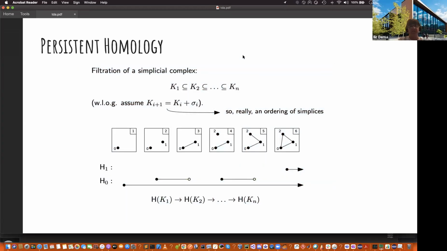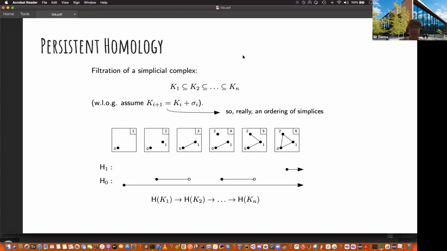Now, what is a filtration of a simplicial complex? Well, we call a filtration a chain of simplicial complexes where every element of the chain is a subcomplex of the subsequent element, so every previous element in this inclusion is a face of the subsequent element. For instance, look at the first image labeled 1. There is only one vertex, a simplex of dimension 0.